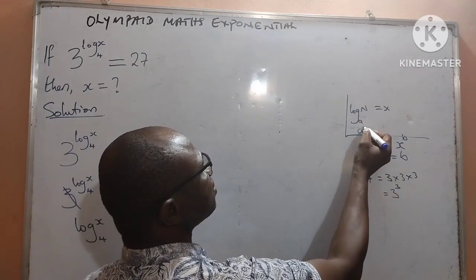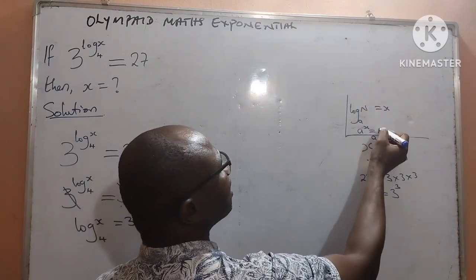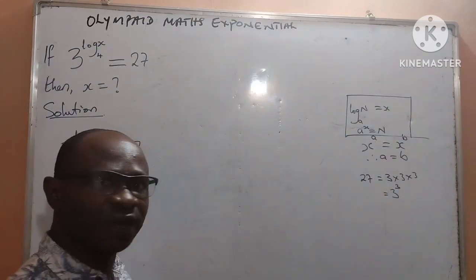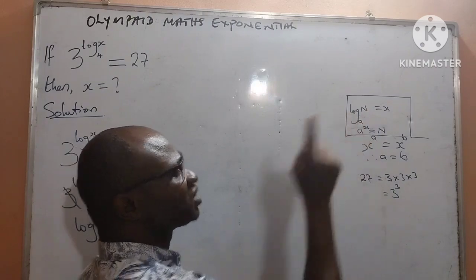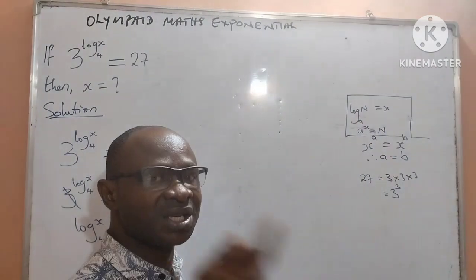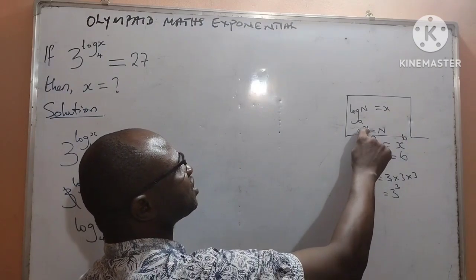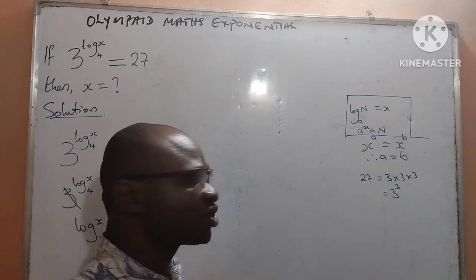That is, the base raised to the answer should be equal to the number you are finding the log of. This is simply the definition of logarithm: the log of a number to base a is the power to which the base must be raised to get the number. As simple as that.